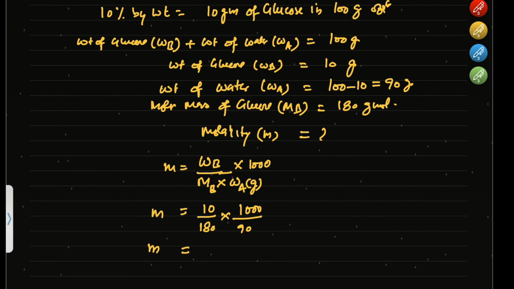We will get this zero cancels with this zero, one zero cancels with this, so we will get 100/18 into 9. We can solve it, then get the answer.